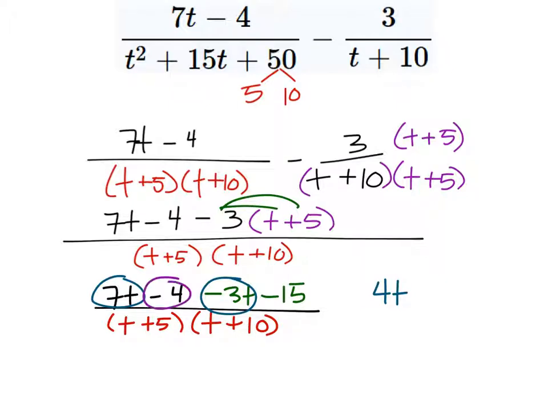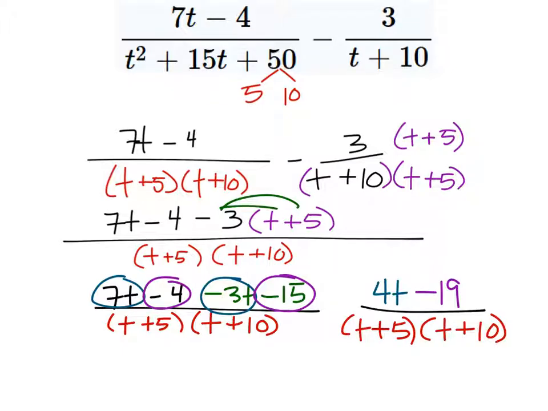And I've got negative 4 and negative 15, which is negative 19. Of course, the denominator is still untouched. I'm looking at 4t minus 19, and I don't see that I could factor anything out of that. If I wanted to force it, I perhaps could, but I don't see anything that would make it very convenient. So I'm just going to stick with that as my answer right there.